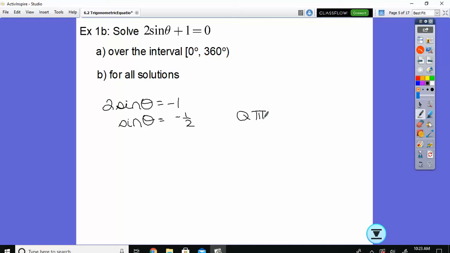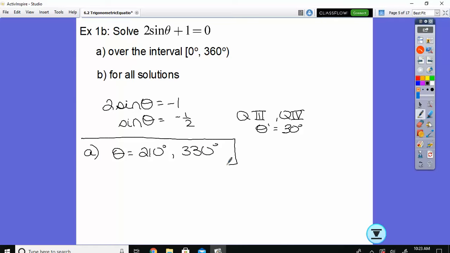Quadrant 3, quadrant 4. Reference angle. When is sine 1/2? 30 degrees. Okay. So 30 degrees in quadrant 3, so 180 plus 30 is 210. In quadrant 4, you would do 360 minus 30, so that's 330. So that's part A, every answer between 0 and 360.